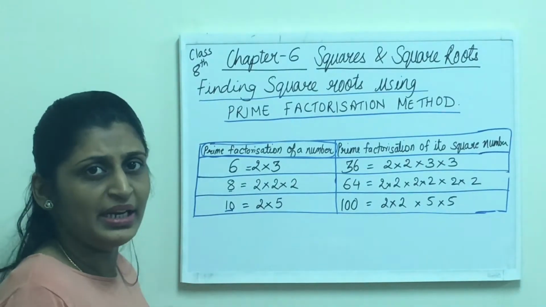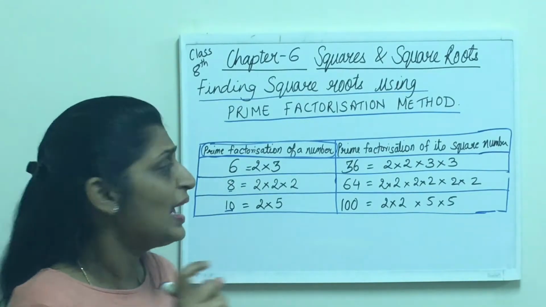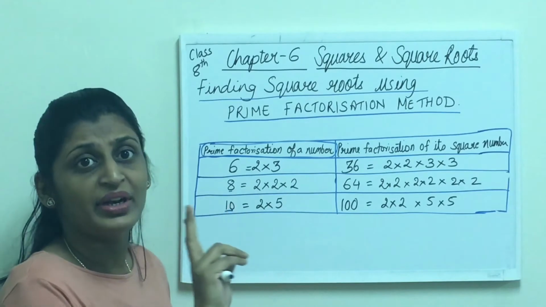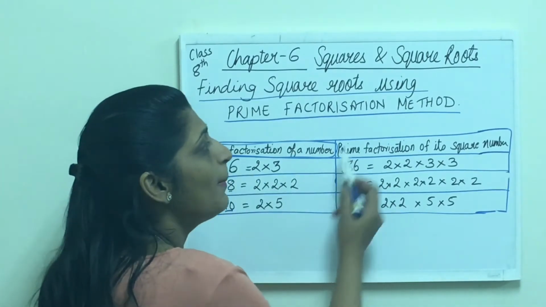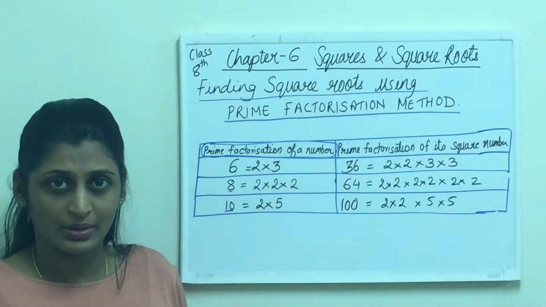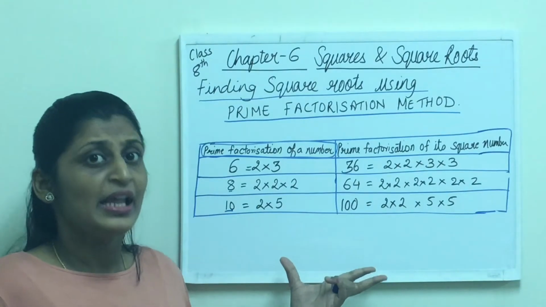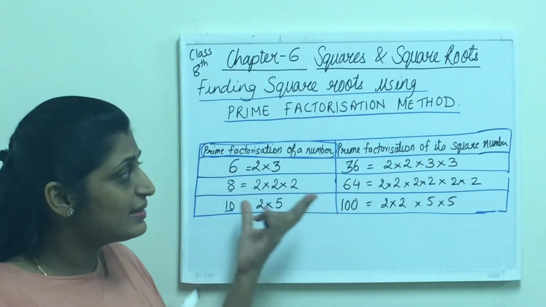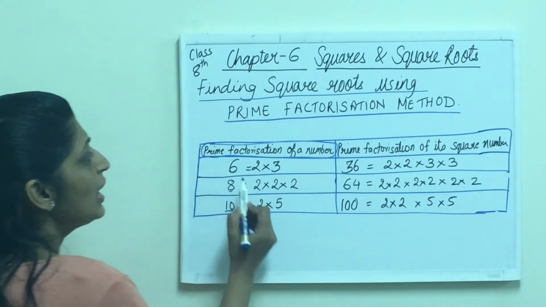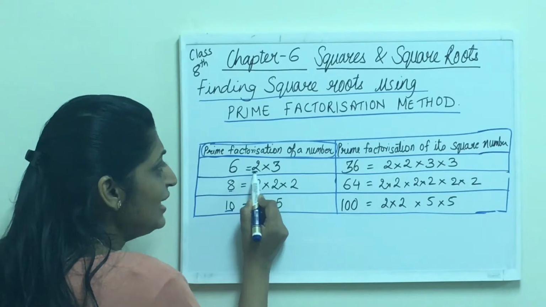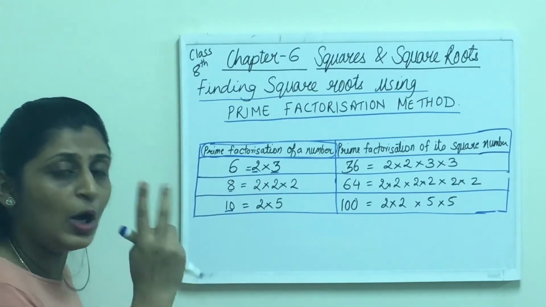I will give you a minute to find whether there is some uniqueness, or a relation, between the prime factorization of a number and the prime factorization of its square. This table will itself depict the uniqueness. If you take a moment and see it properly, you will observe that in the prime factorization of 6, there is 2 and 3. How many 2s? 1.